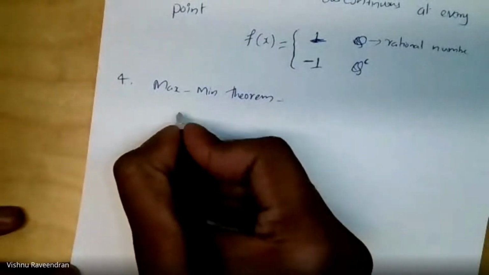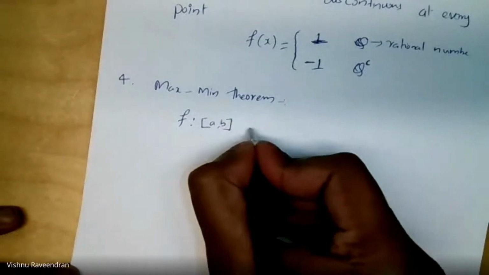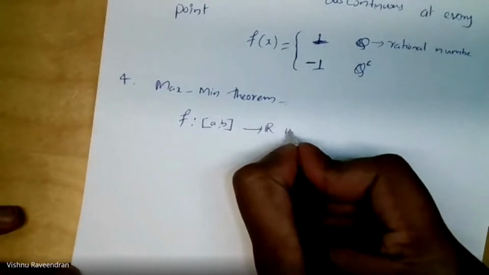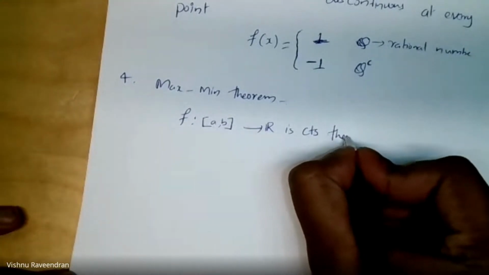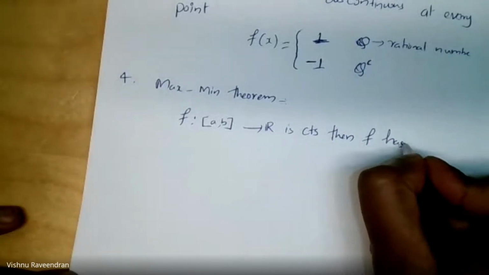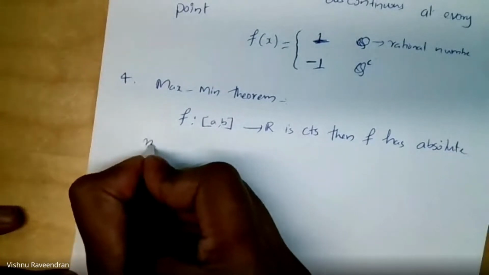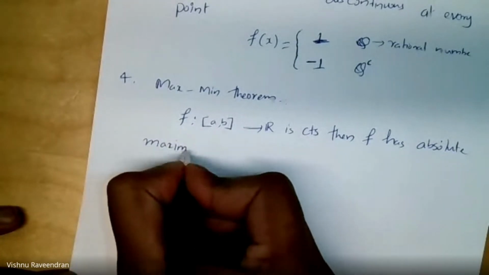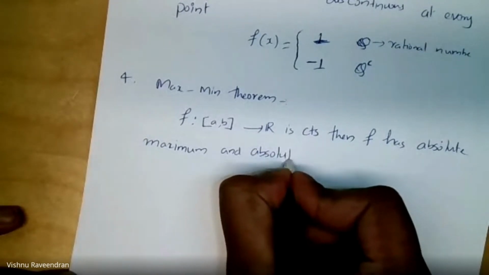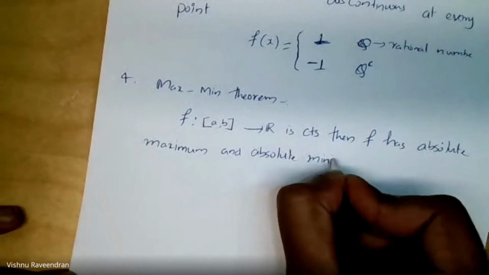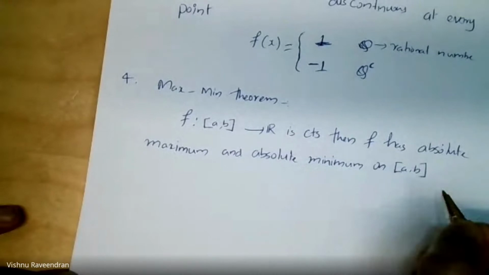What it says is that if f is defined on a closed and bounded interval and it's continuous, then f has an absolute maximum and absolute minimum on [a, b].